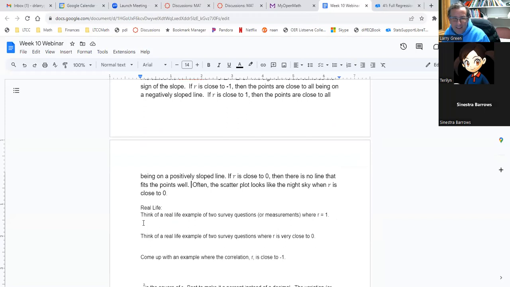All right, let's see if you can think of a real life example of two survey questions or measurements where R is equal to 1. You can put it in the chat box.